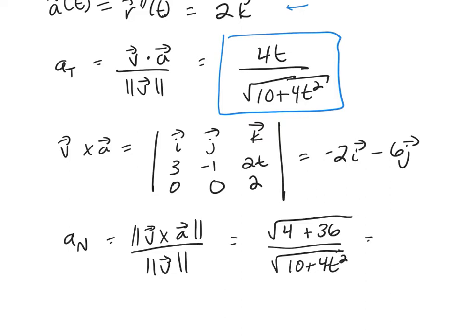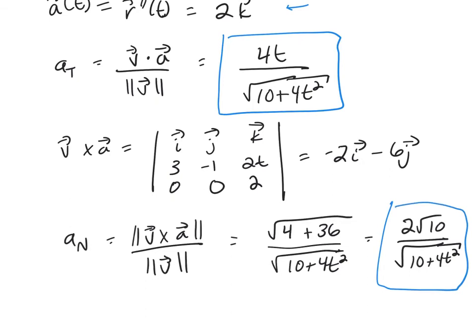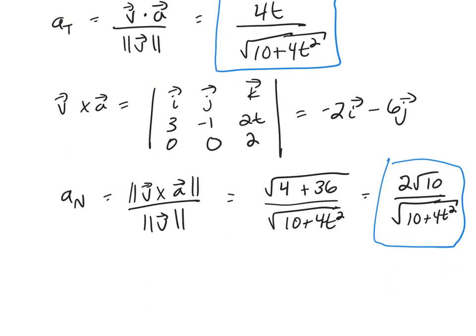So we're getting the square root of 40, which is 2 square roots of 10, over the square root of 10 plus 4t squared. And there is my normal component for the acceleration here.